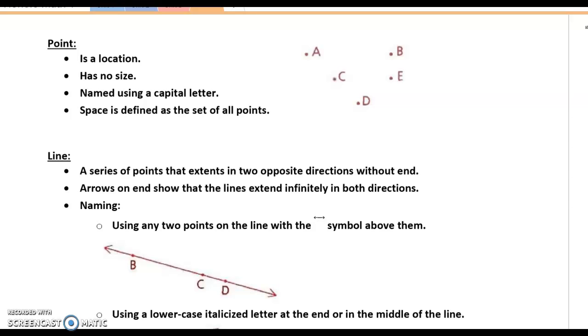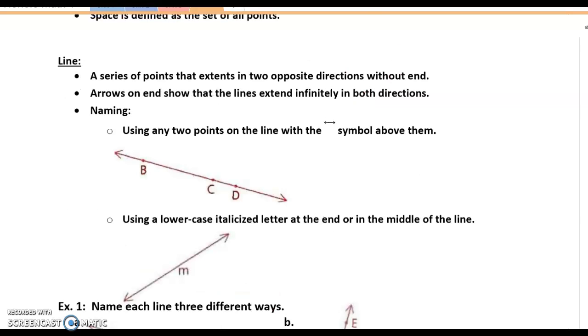All right. Space is defined as a set of all points. Next, a line. A line is a series of points that extends in two opposite directions without end. Arrows on each end show that lines extend infinitely in both directions.